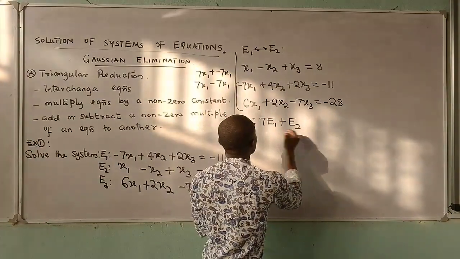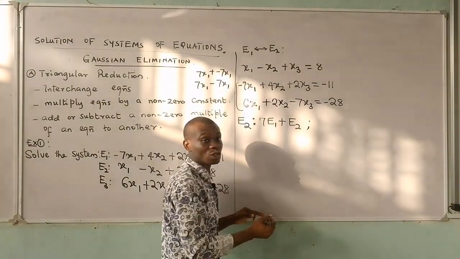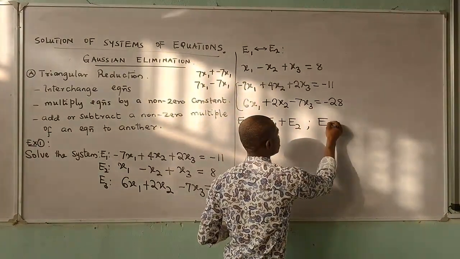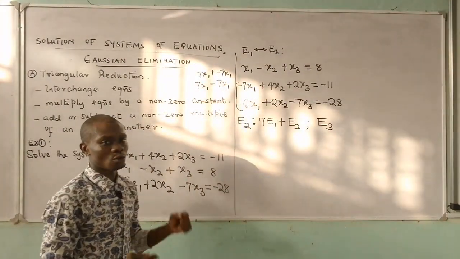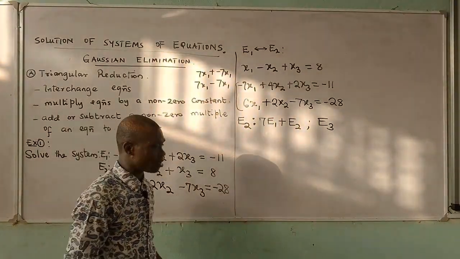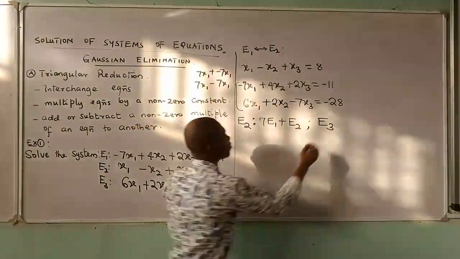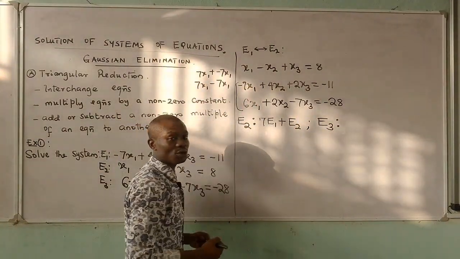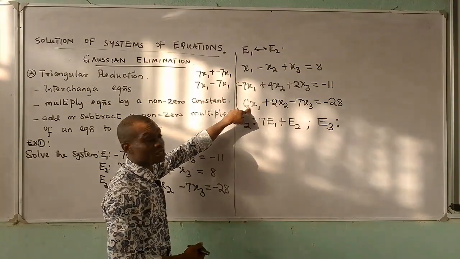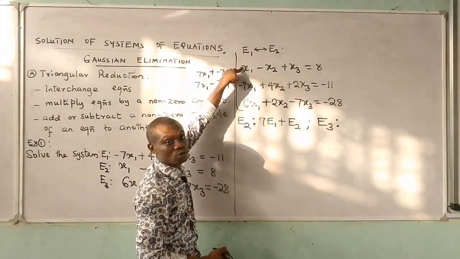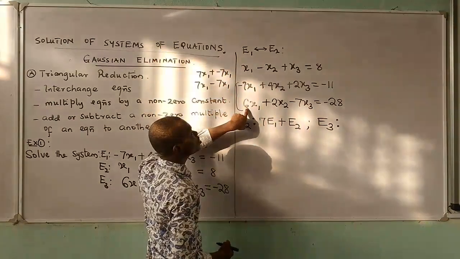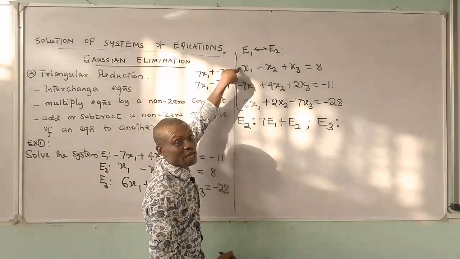Okay, I'm done with this, so I'll go to equation 3. By the time I finish doing this, in the next step, you will join me in writing. You will pause your video a little bit and then write the algorithm. So what are we going to have as our new E3? I want to eliminate this. You can see now why it is good for the coefficient of this to be 1. All you need to do is take this coefficient and use it to multiply this.